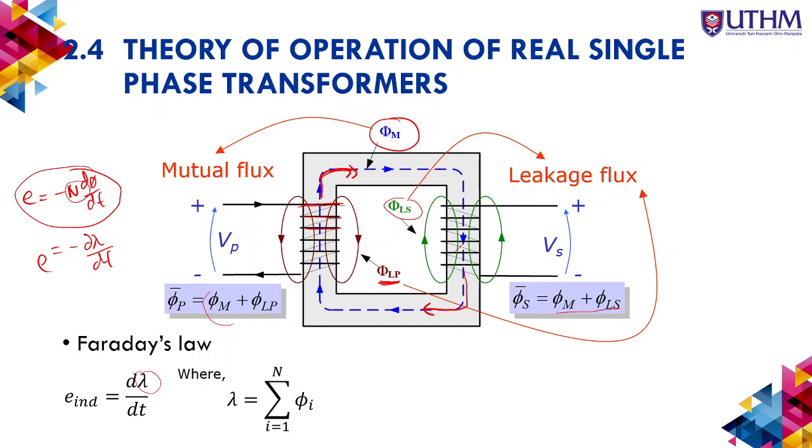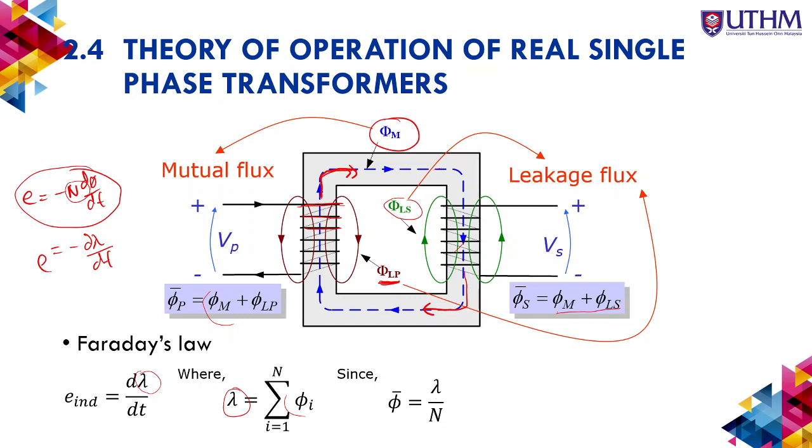Okay, however, since we have a leakage, each line does not produce the same. Therefore they use only this lambda symbol, the summation of all produced flux. Okay, so to get an average flux, we just divide the lambda by N, the number of turns.